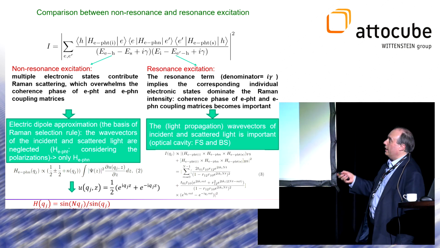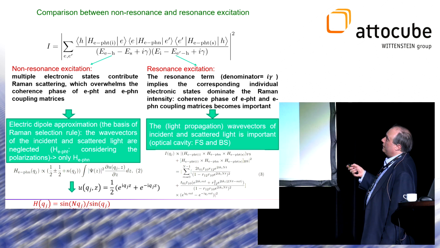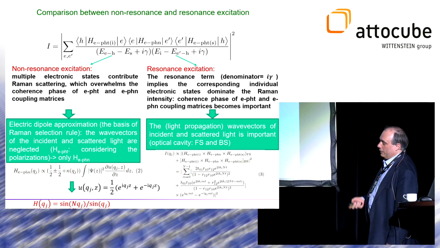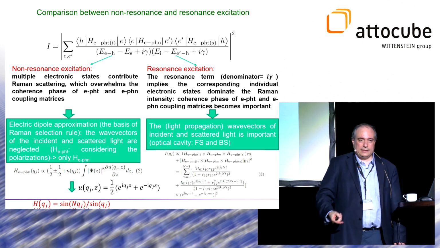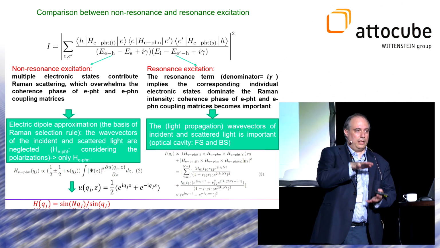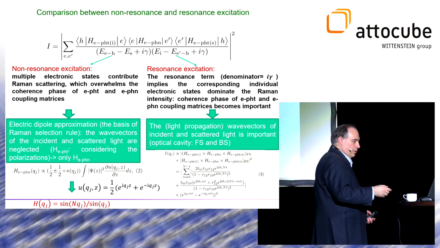But then when you are in resonance, then you have these individual electronic states that dominate the Raman intensity. We have coherence of electron-phonon coupling, and so on and so forth. And then all these interference effects that you get in the naturally multi-layer samples, they come into play.